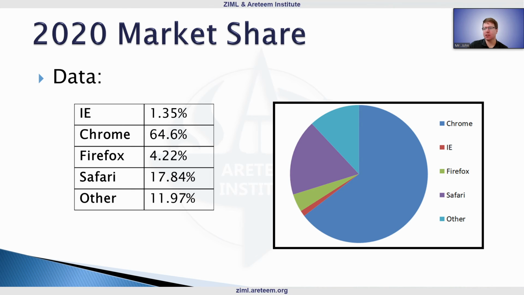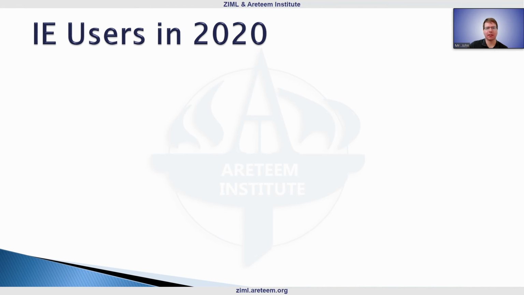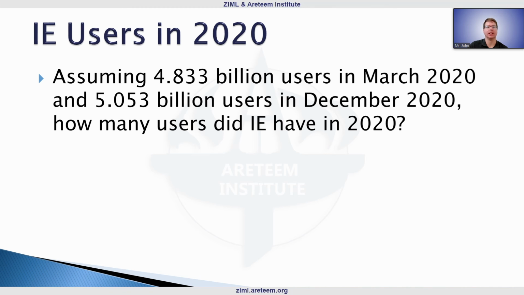Now, let's look at our Internet Explorer users in 2020. So here we have new data. Now it's from March and December, and we want to estimate how many users Internet Explorer has in this case. So let's start with our market share again. Our Internet Explorer market share, we can use the same thing in this case. This is now updated for 2020, 1.35%.